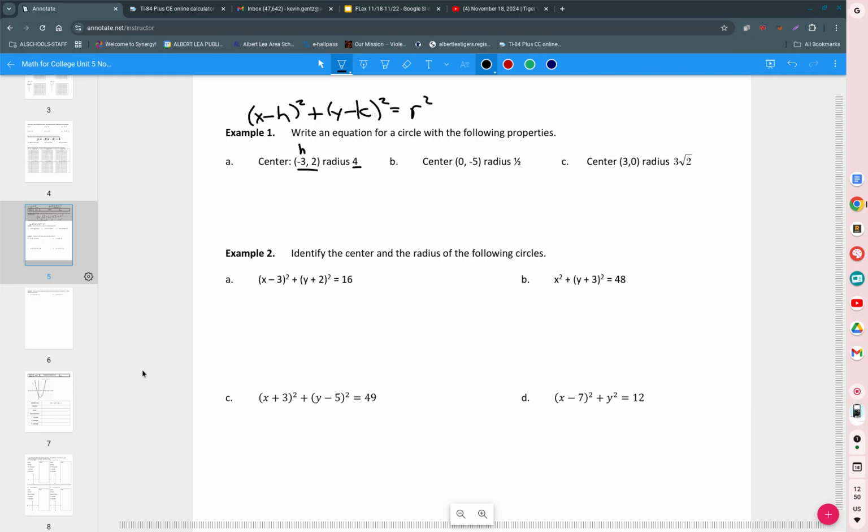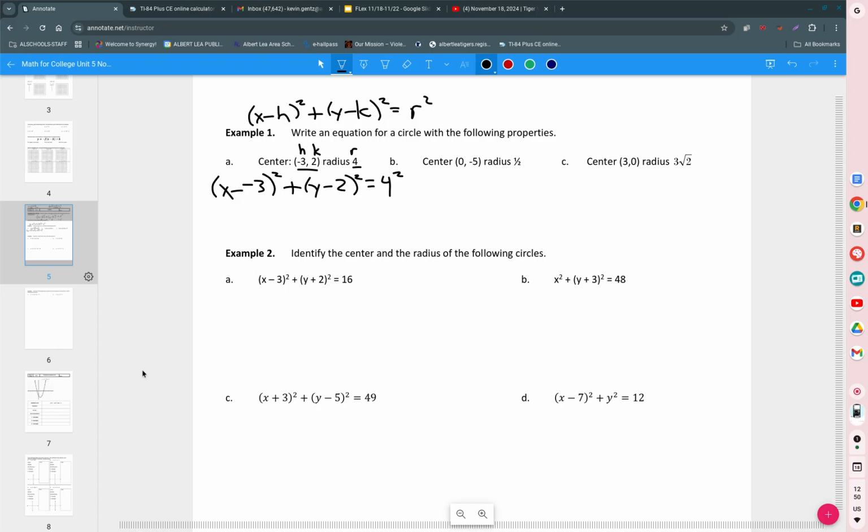So -3 is going to be my h, 2 is going to be my k, and 4 is going to be my r. And I will simply substitute those values into the equation to get (x minus -3) quantity squared plus (y minus 2) quantity squared is equal to 4 squared.